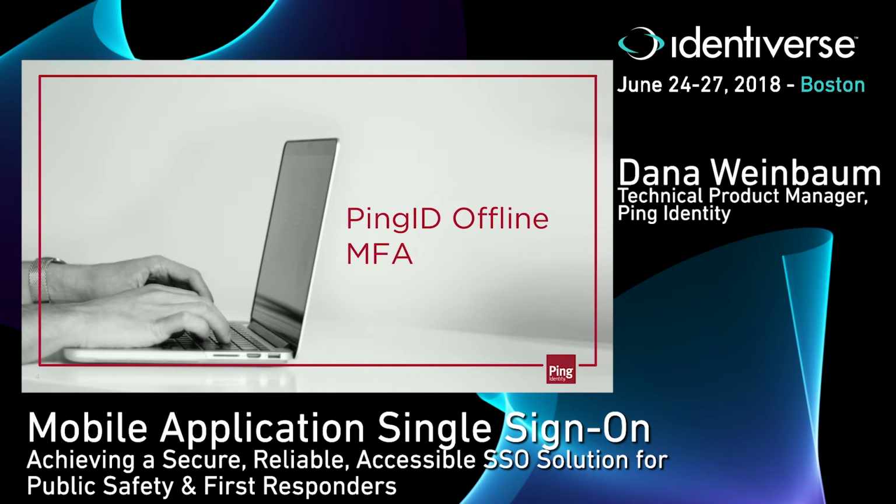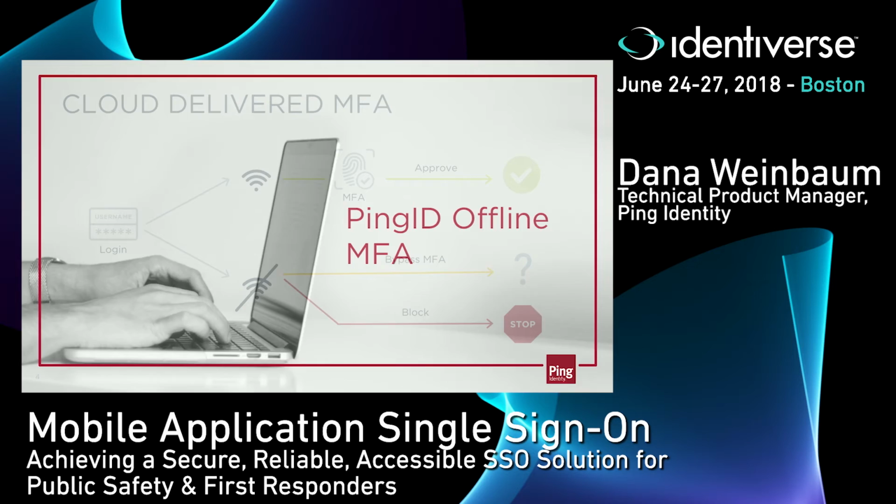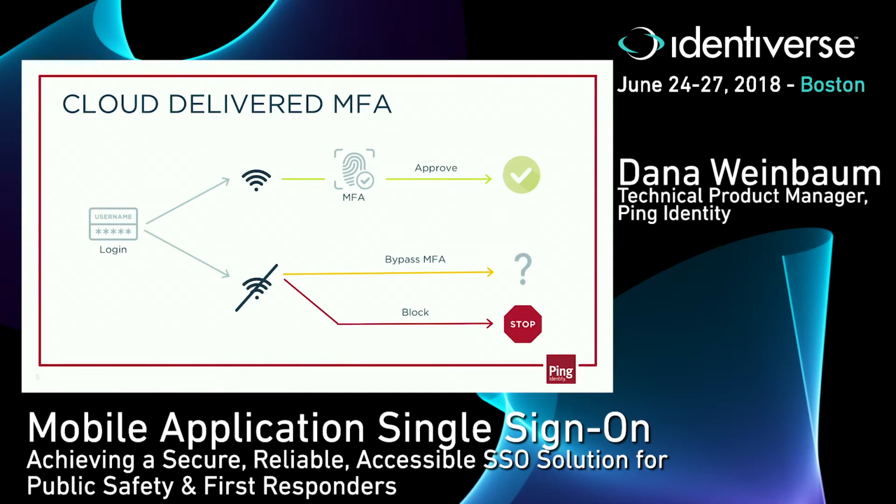So let's start with the PingID offline MFA. Cloud-delivered MFA is strongly tied to internet connectivity, obviously. During a regular user login, the user provides his username and password, or without a password, it doesn't really matter to us. And then the MFA flow kicks in the cloud, and the user is approved and can securely be authenticated.